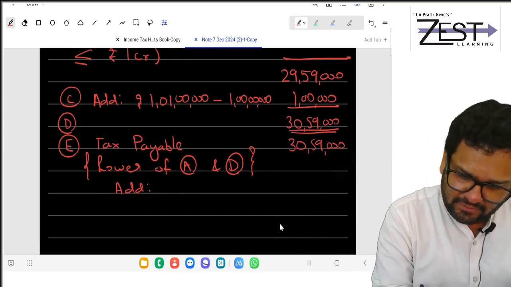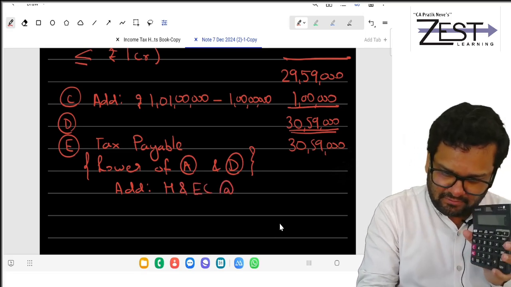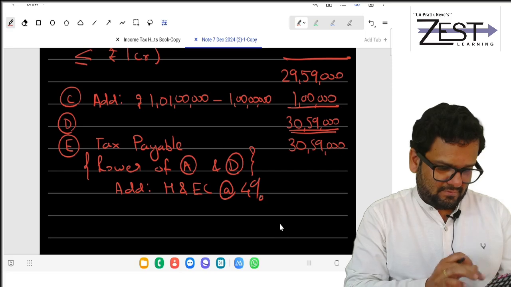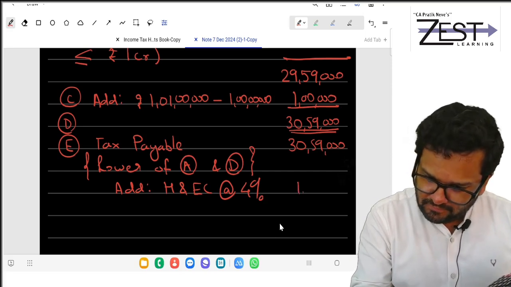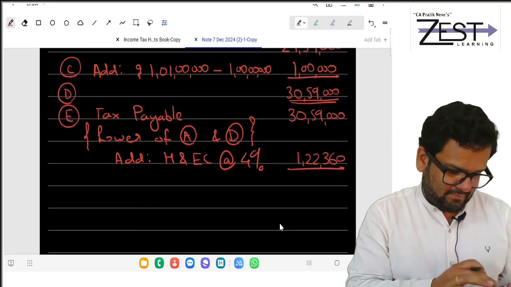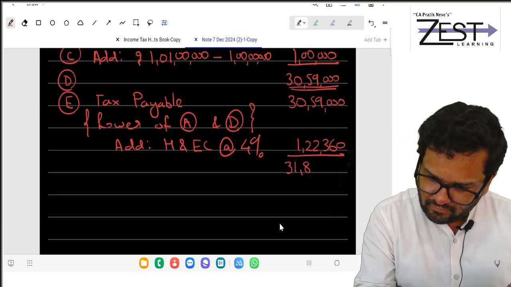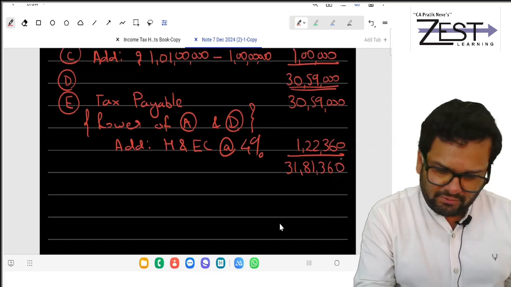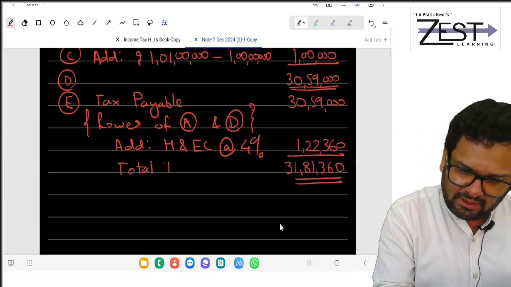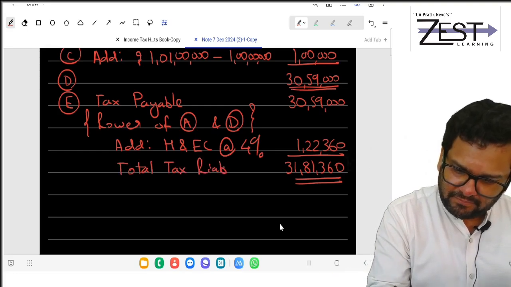Add health and education cess at 4%. 1,22,360. 31,81,360 is total tax payable. Happy?